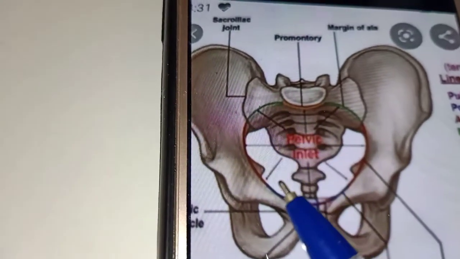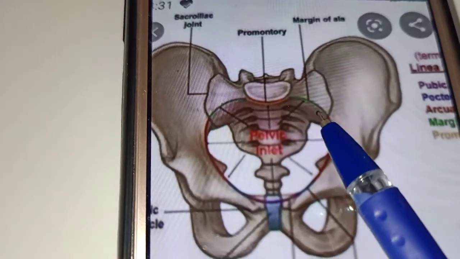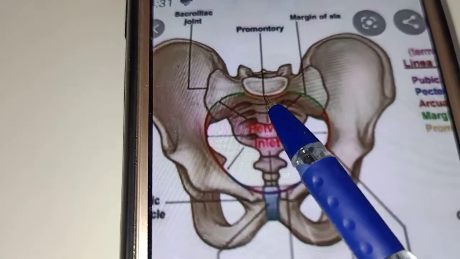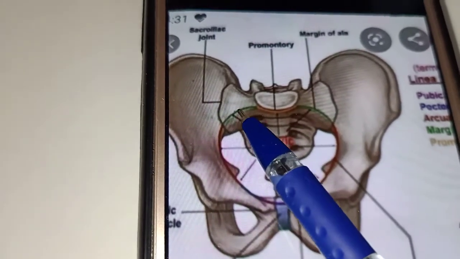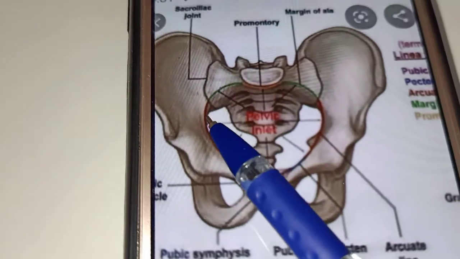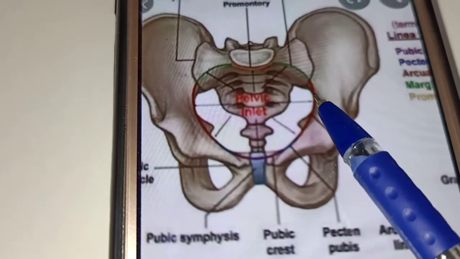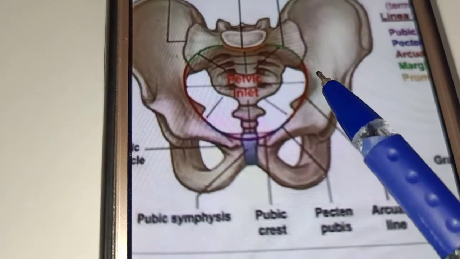Now, this is the margin of the ala. So, this is the sacral promontory margin, then the margins of the ala. Then we'll go down, this is the SI joint. Then we'll go laterally, this red line you can see here is the arcuate line.